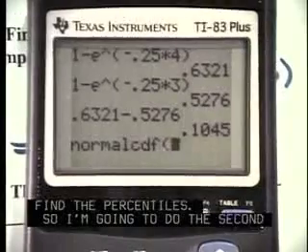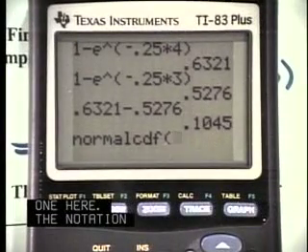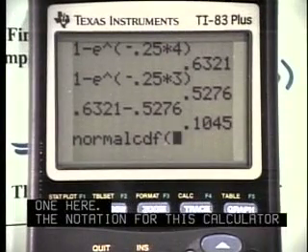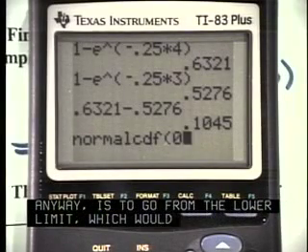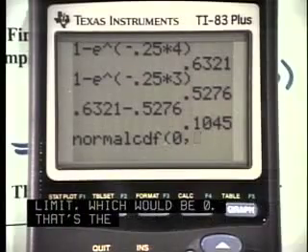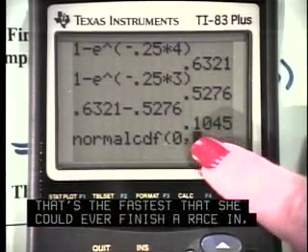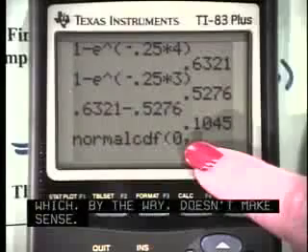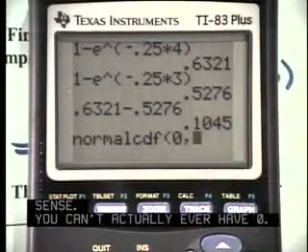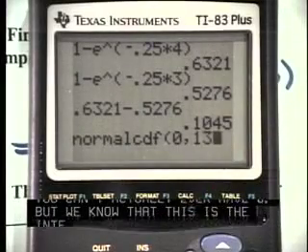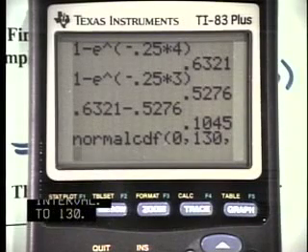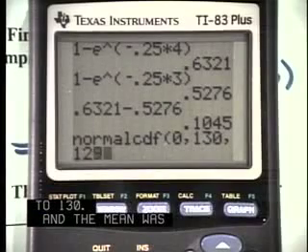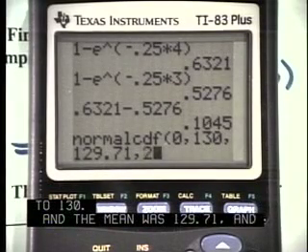The notation for this calculator, anyways, is to go from the lower limit, which would be 0. That's the fastest that she could ever finish a race in, which, by the way, doesn't make sense. You can't actually have 0, but we know that this is the interval, to 130. And the mean was 129.71, and the standard deviation is 2.28.